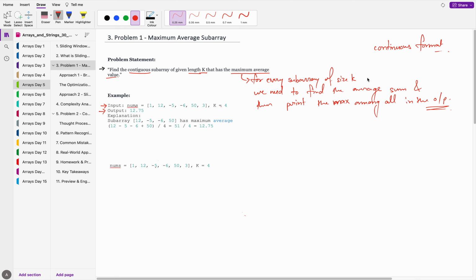Okay. So for an array, subarrays can be too many, of size 1, 2, 3 till n.